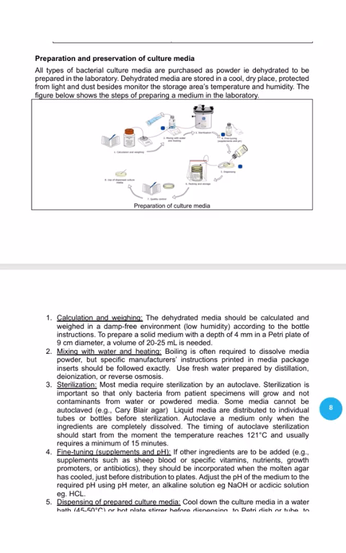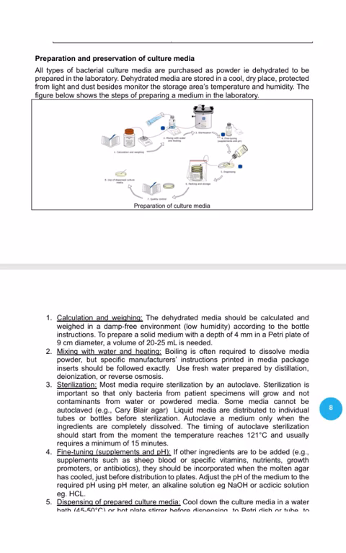And usually they are purchased from these companies in the form of powder or what we call dehydrated medium. And you need to prepare it in the lab according to the instructions and guidelines provided by the company or enclosed usually with the pack or the bottle of the medium.